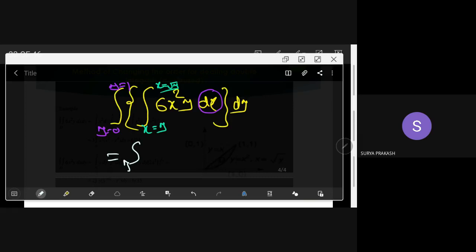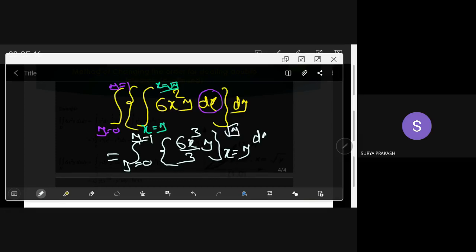Y is equal to 0 to y is equal to 1, the outer part remains like that. And the inside, with respect to x we are integrating, so 6x cubed by 3, and y is constant. Don't worry about y. You can keep it like that. And now the x limits are y to root y. And finally, the outer part is dy.